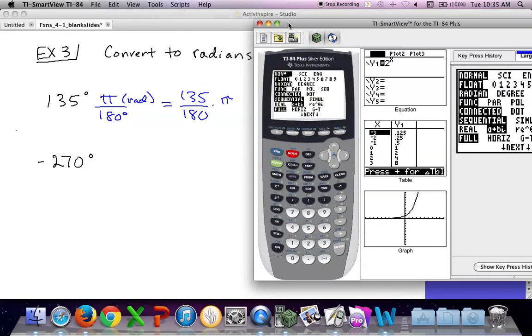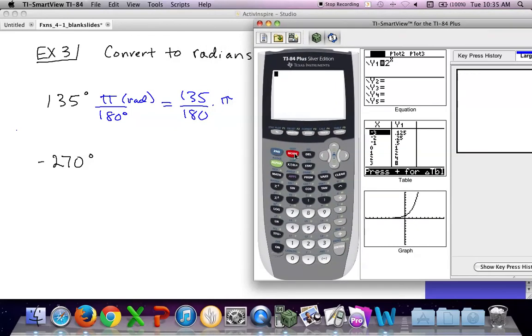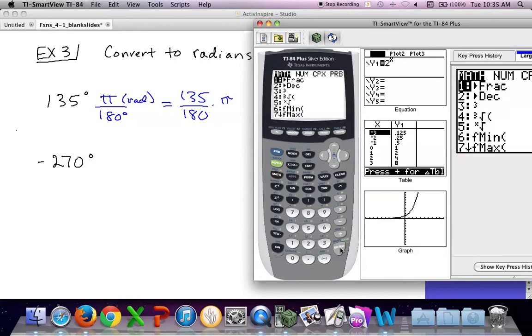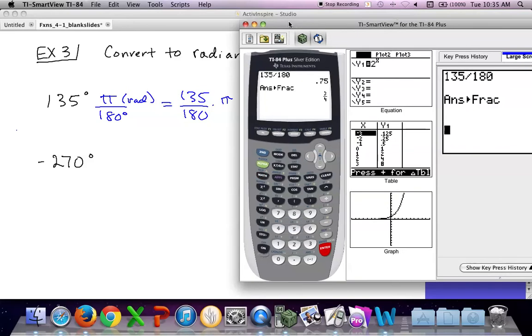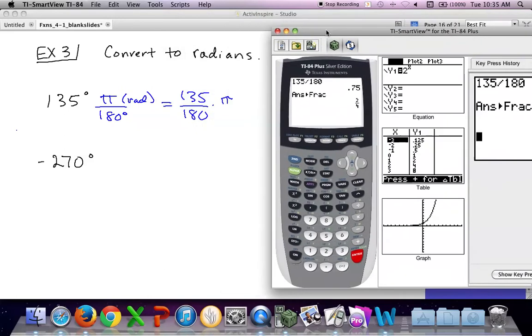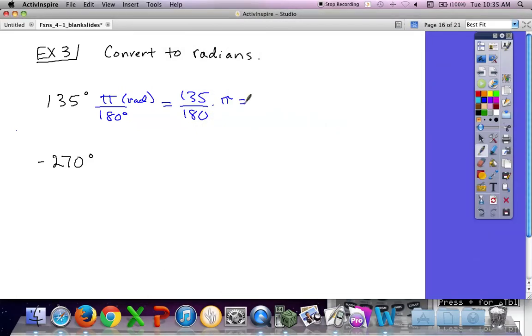If I do this, 135 divided by 180, and then I'll go math, enter, enter. That's 3/4. So that is 3 pi over 4. So 135 degrees is 3 pi over 4.